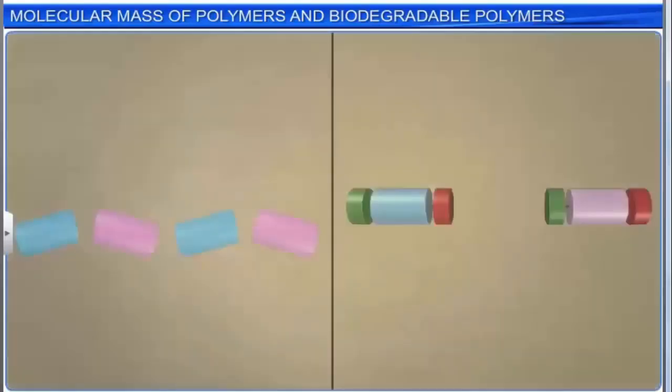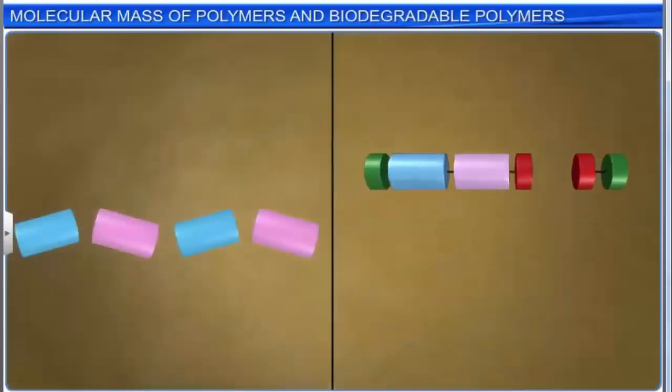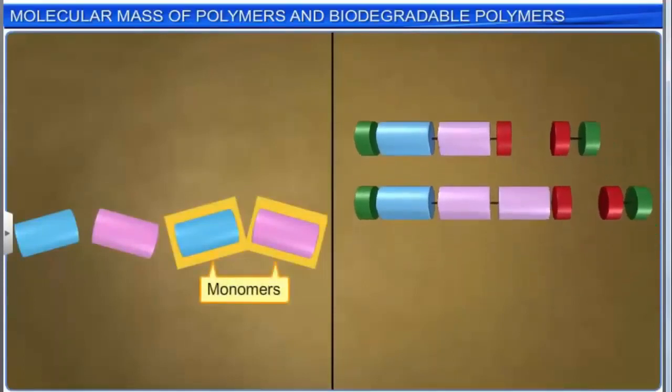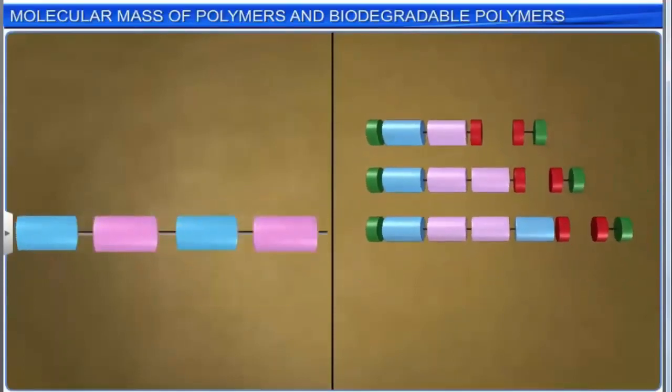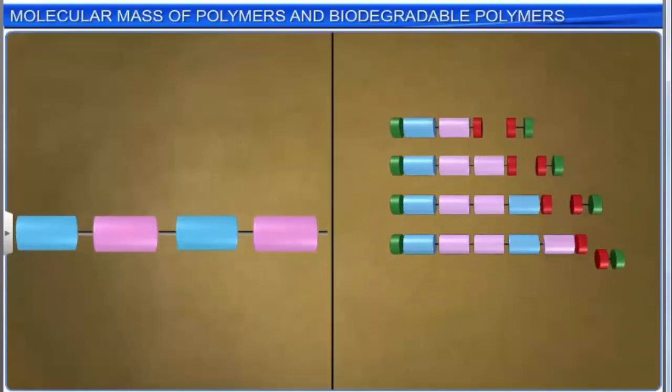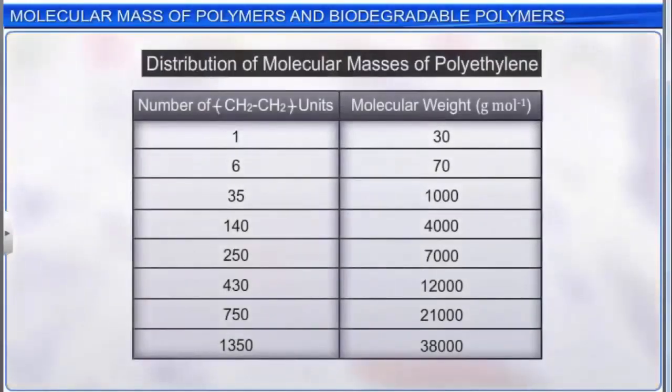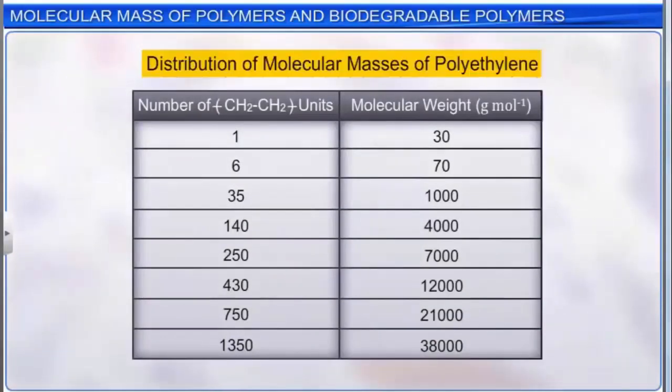In other words, the behavior of a polymer depends upon the availability of monomers in the reaction mixture or the way the polymer is produced. Therefore, the molecular masses of polymers are best described as a distribution of molecular masses.